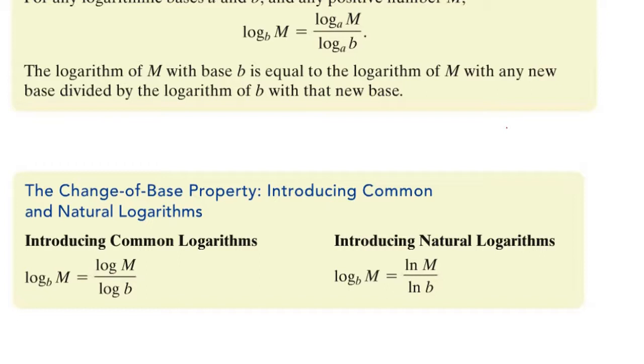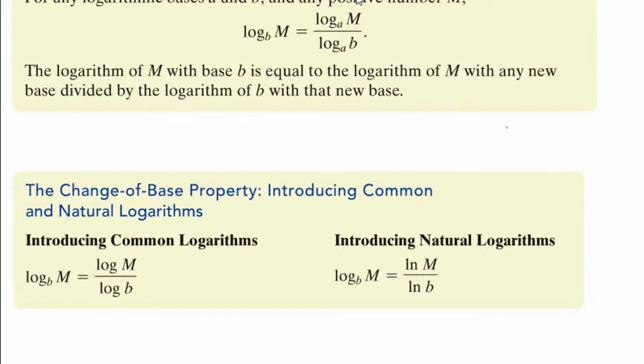So the way you change a base is always by doing logarithm of the function itself divided by logarithm of the base. Okay, so the first one's a generic one, but that doesn't have a ton of application. You can use it. But these two down here are the two that you use to actually do computation with a calculator.